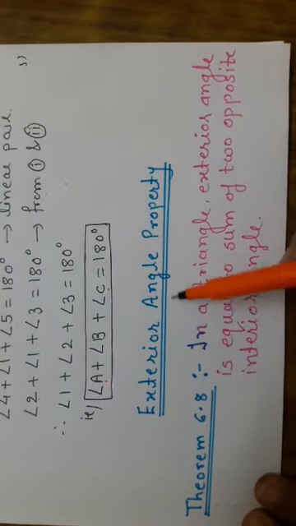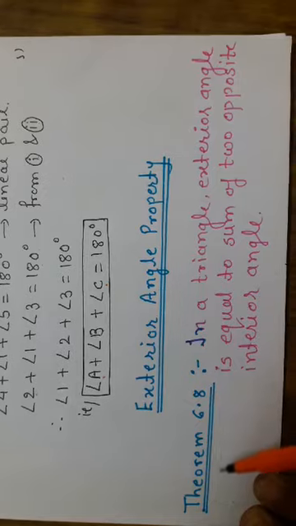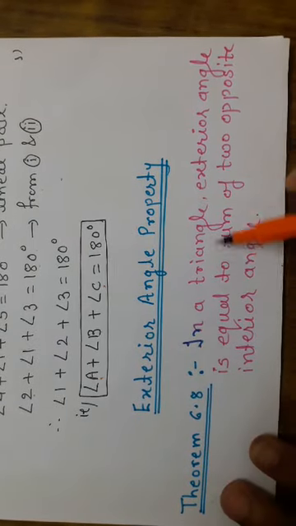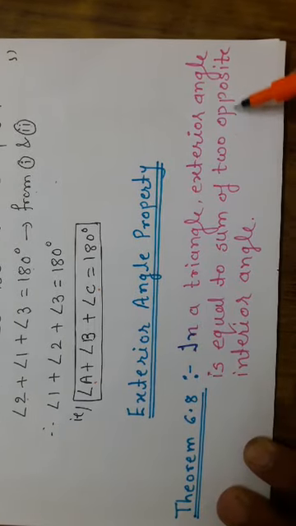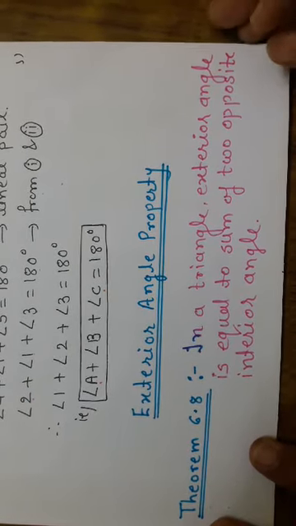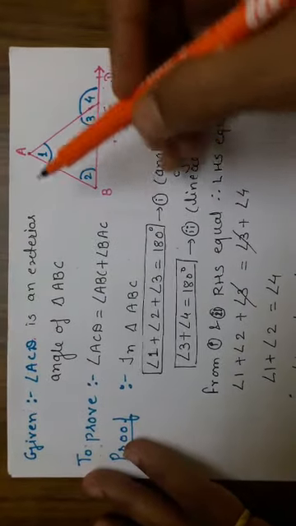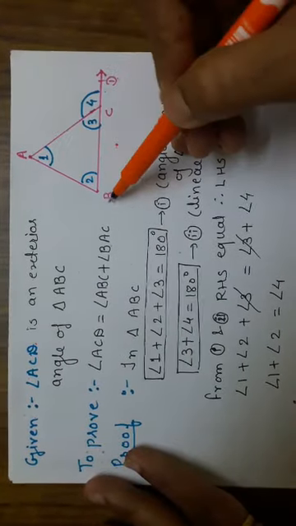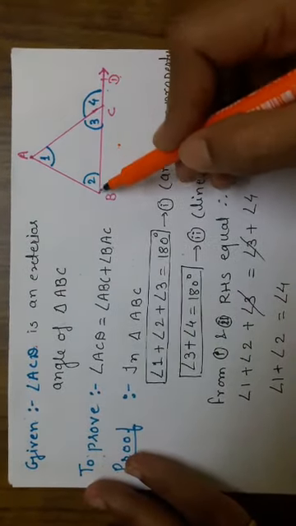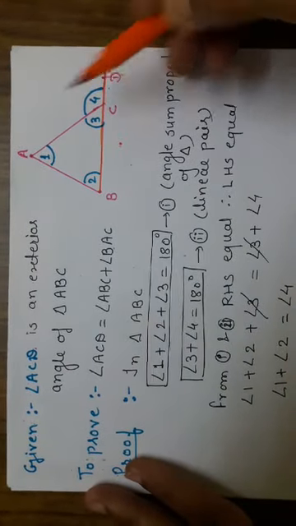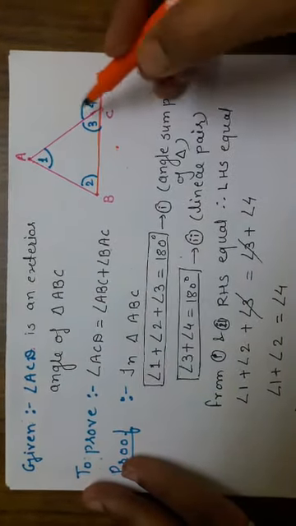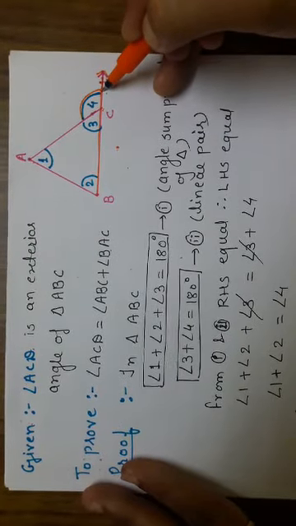Next theorem, exterior angle property. Theorem 6.8: in a triangle, the exterior angle is equal to the sum of the two opposite interior angles. Given ABC is a triangle, I extend BC to the point D so that ACD I got as an exterior angle.